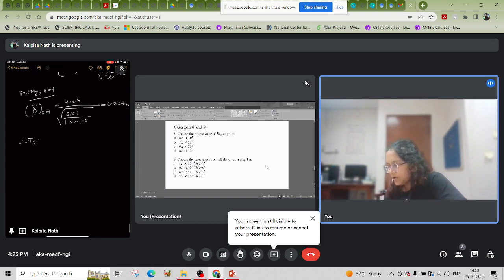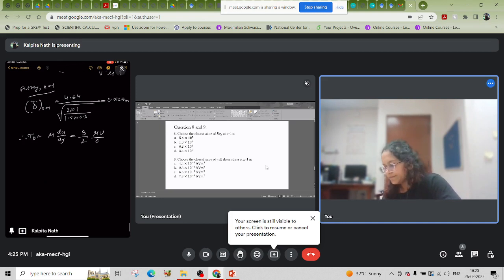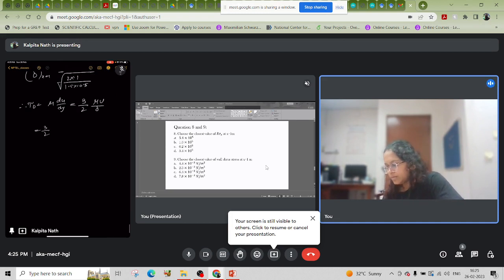Therefore, tau naught is equal to mu du dy, equal to 3/2 mu u by delta, equal to 3/2 nu rho u by delta, equal to 3/2 into 1.5 into 10 to the power minus 5 into 1.23 into 2 by 0.0127.